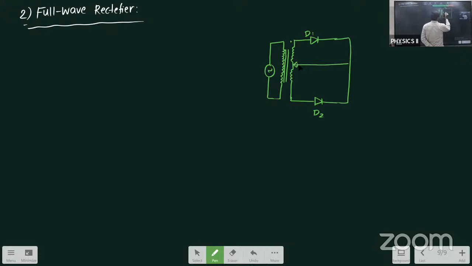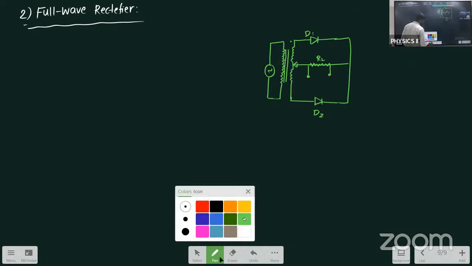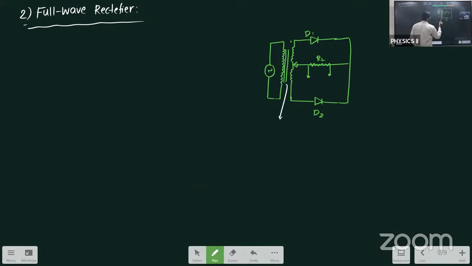Here I will be taking the output across RL, which represents the load resistor. Here we'll be calling a special transformer the center tap transformer.